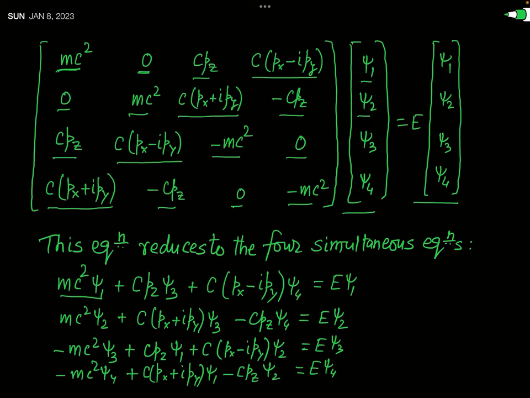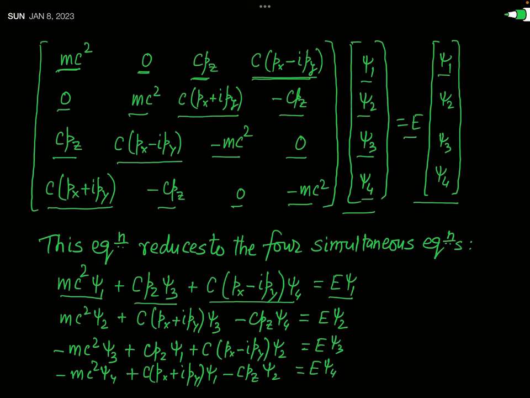And cpz operated on psi 3 gives cpz psi 3. The fourth element, cpx minus ipy, is operated on psi 4, giving cpx minus ipy psi 4. And that is equal to E psi 1.